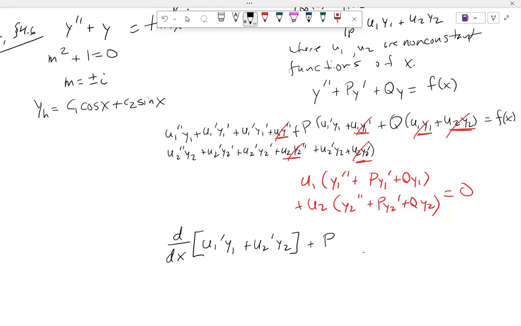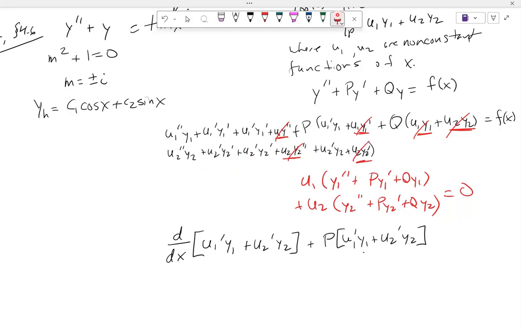Another part is going to be p times exactly the same thing, except it's not in the derivative. Here's part of it: that's the derivative of u1 prime y1, or u2 prime y2, right there.